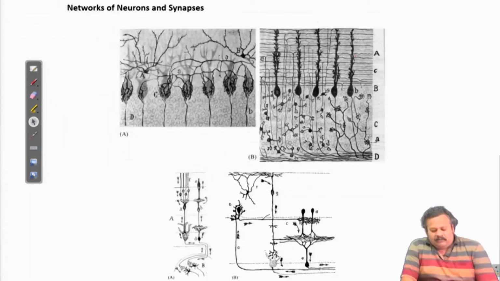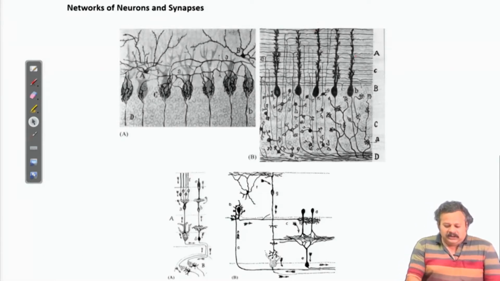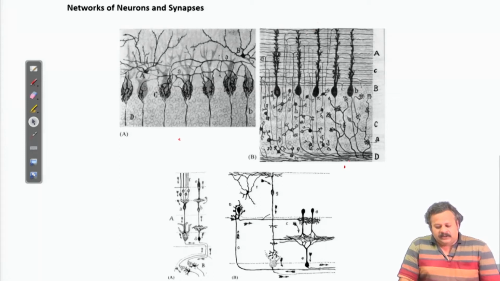Again, we refer back to work done by Ramon y Cajal, and these are examples of his observations, or Cajal and some others' observations, showing how intricate these connections and networks are within the brain. Both the examples at the top were created by Cajal based on observations.